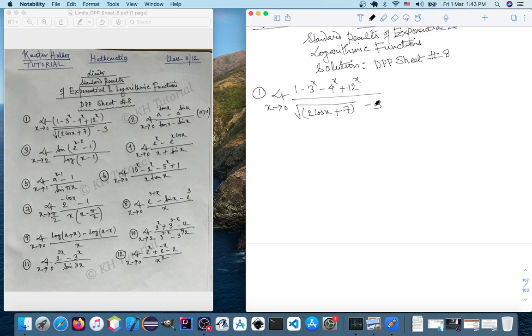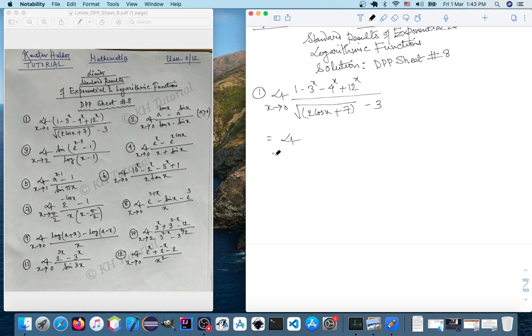We have three such terms, and also in the denominator we see irrational terms. So for sure we have to rationalize the denominator to get rid of the roots, and we try to see if we can factorize all the a to the power x terms and get two terms of the form a to the power x minus 1.